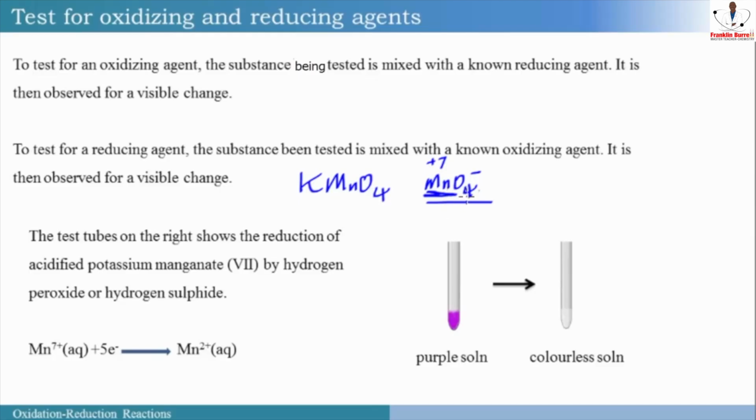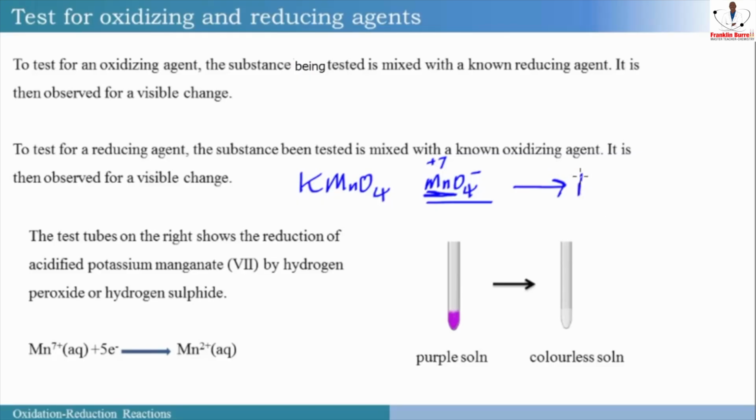Now, this is an example of an oxidizing agent. Now, if I should add a substance to it, for example, hydrogen peroxide or hydrogen sulfide, and it changes color from purple to colorless, then it simply means that my manganate ion was reduced. If my manganate ion is reduced, then it must be reduced because of the presence of a reducing agent.